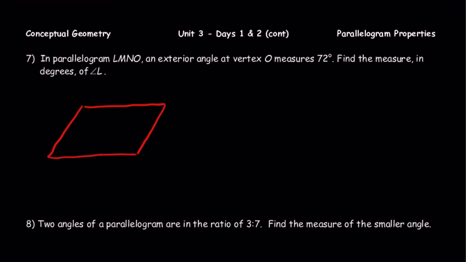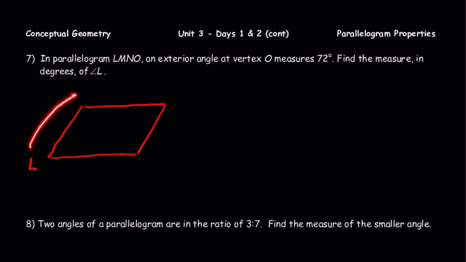Now, when it comes to naming these, here's what's important. You have to go around in a circle. So I don't care where you put an L. I can put it here, here, here, here. That doesn't matter. But wherever you start, then the other letters have to go in order in one direction or the other. So if I start with L here, I have a choice.